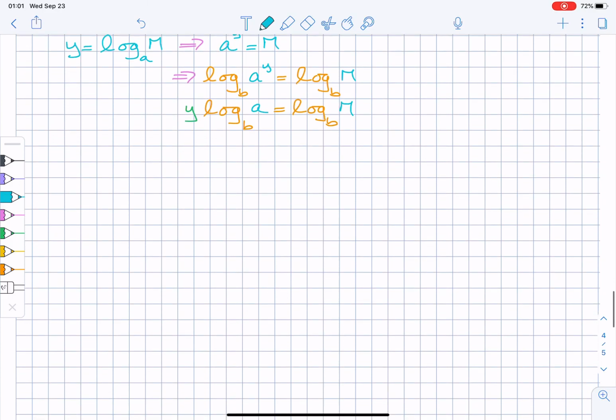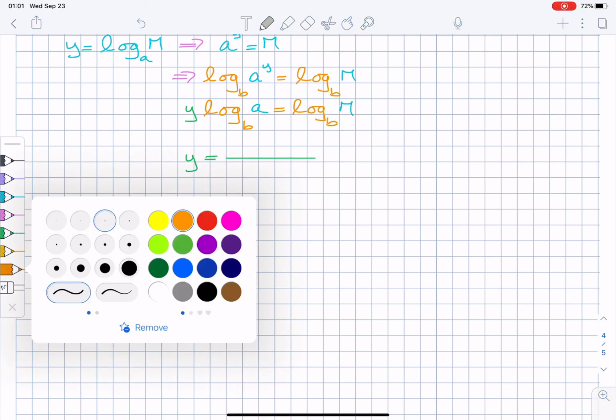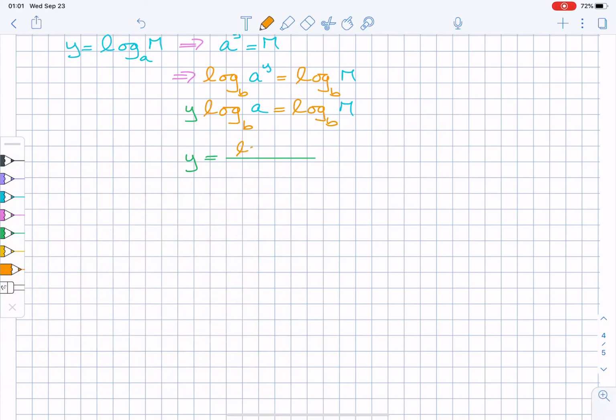Okay, so how would I isolate y? In order to isolate y, I would need to divide off what's attached to it, which is log base b of a. So if I divide both sides, I'll have log base b of m divided by log base b of little a.